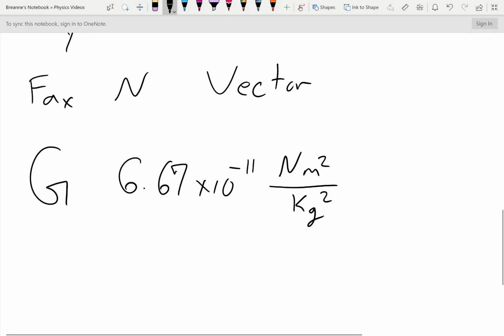That's what I was forgetting. And that is a constant. It isn't a vector. That number is a scalar, but it's just a constant. There we go. I believe that is it. We filled out the whole variable, unit, constant, vector, scalar table at the beginning.